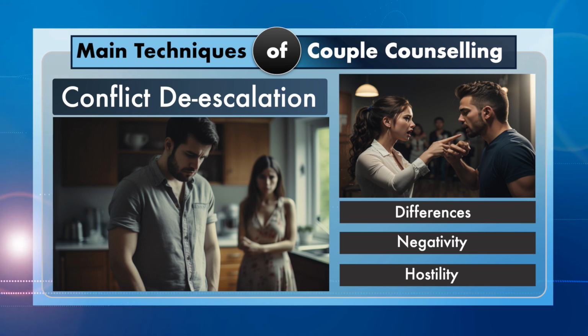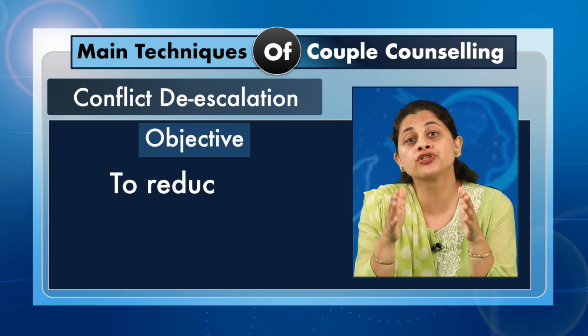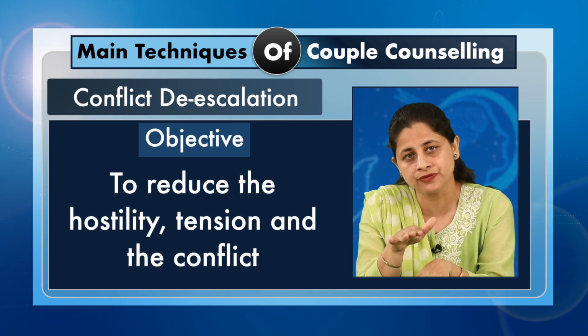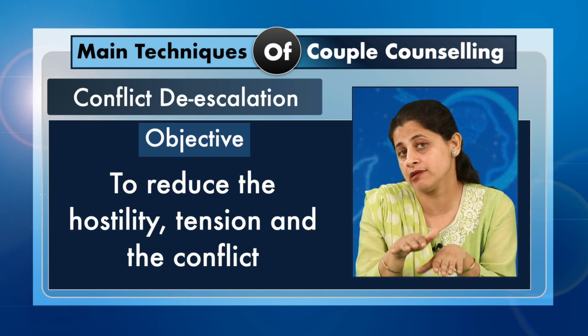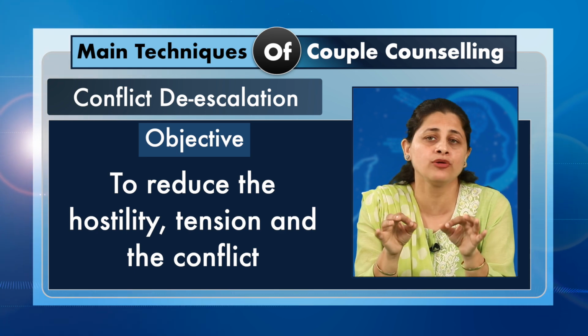So it is very difficult for the therapist to carry on the communication. That is why in the initial phases, conflict de-escalation is important. The objective here is to reduce the hostility, tension and conflict, so that the therapy can take place in a successful manner.